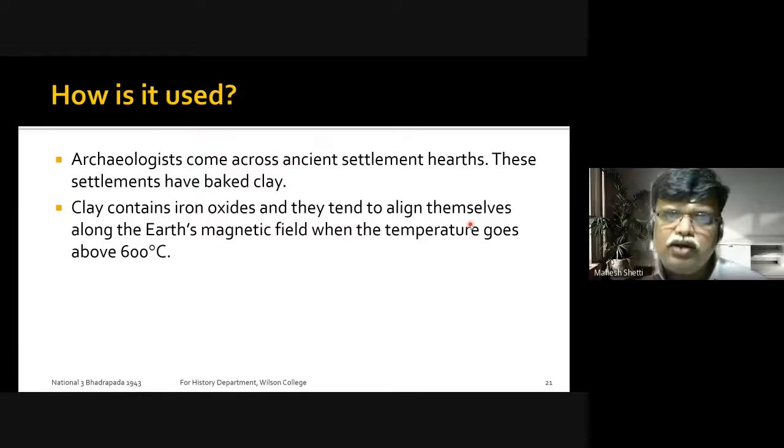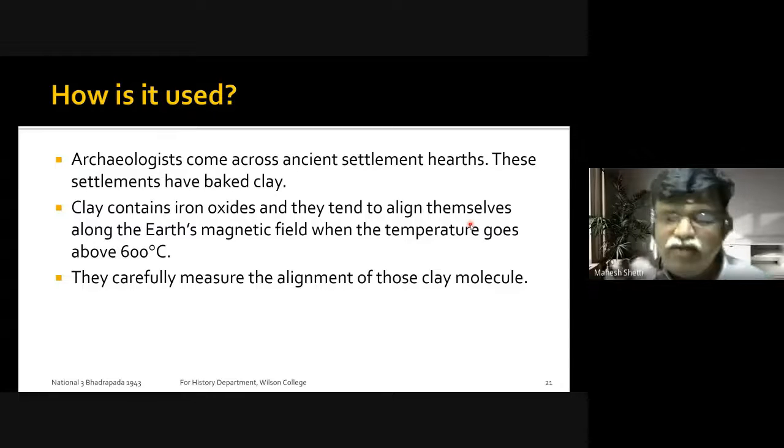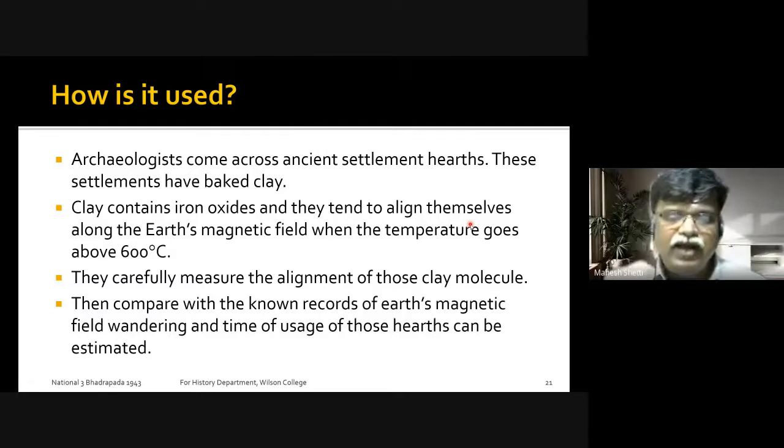Now, if I have an entire map of which year the Earth's magnetic field was in which direction, then comparing that map with the measurement of the magnetic field in this hearth, one can determine when this clay last had fire. So by carefully measuring the alignment of those clay molecules, it is possible to determine when that particular hearth was last used.